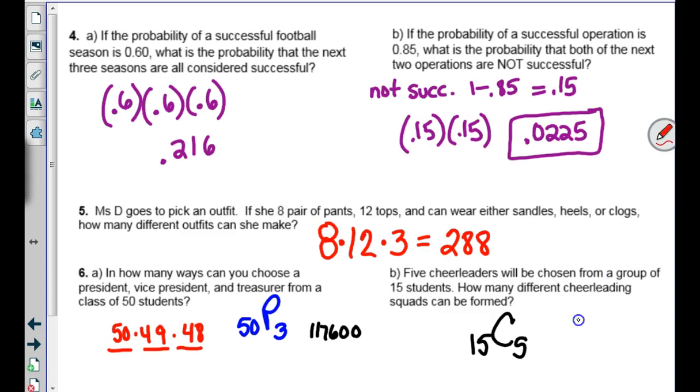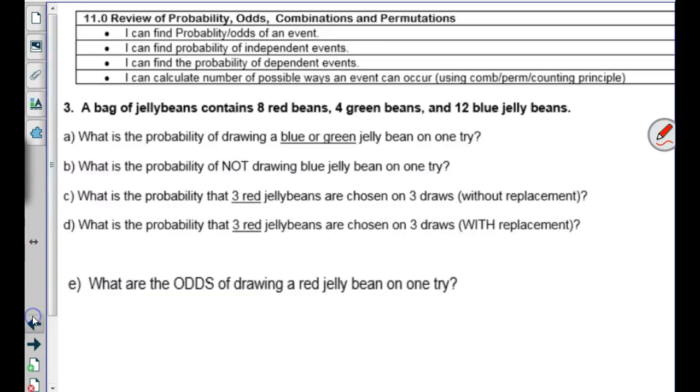What does this one come out? Okay, thank you. Okay, did I skip anything? Do you need the answers to these first few?